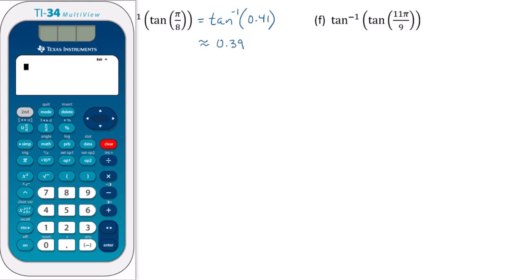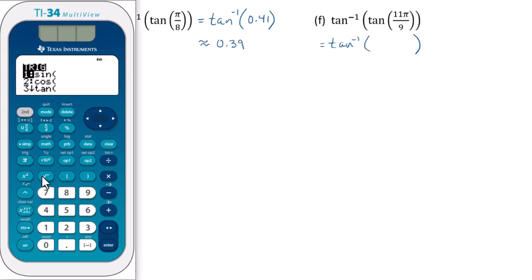Here we have the inverse tangent of the tangent of 11 pi over 9, and again that's not one of our special angles, so we'll go ahead and use the calculator for this one. The first thing that I'll do is evaluate the tangent of 11 pi over 9.